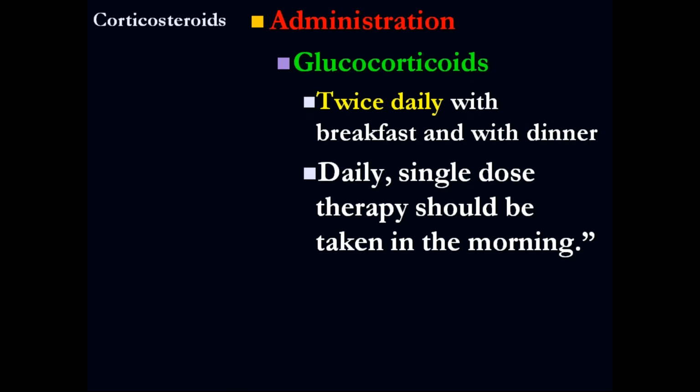And one third of the medication at night. Why? Because we want to copy the circadian rhythm, more in the morning, less at night. But if you want to take the glucocorticoid once a day, which do you prefer, to take it in the morning or at night? There's your answer. In the morning.